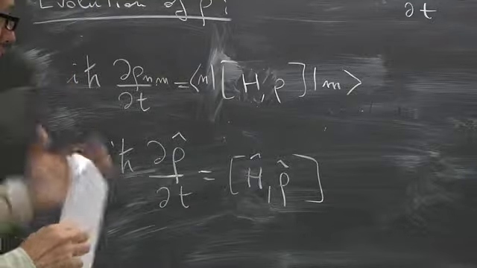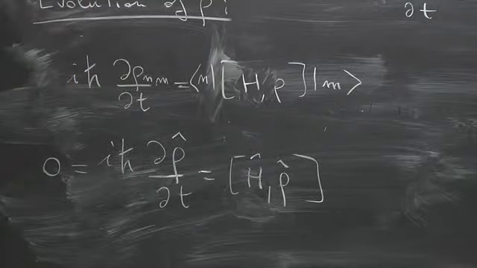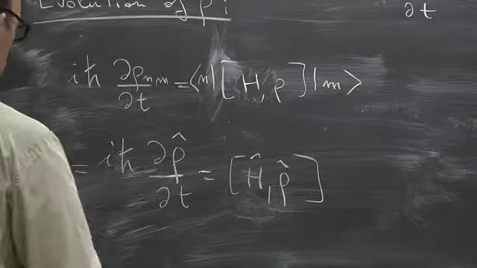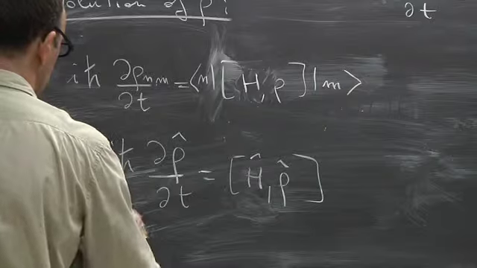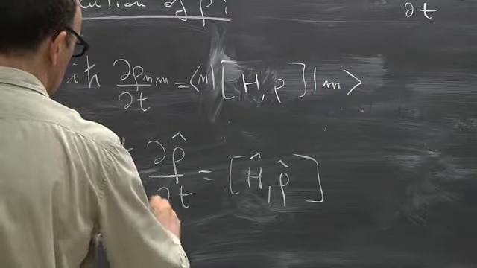From this point onwards, you can essentially derive all the ensembles we have discussed in these days in exactly the same way, because now we know that rho is a function of the Hamiltonian.